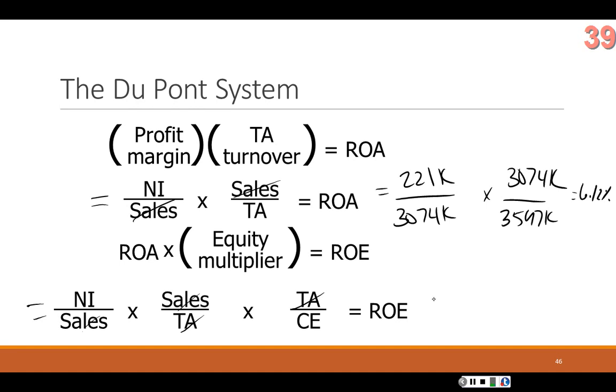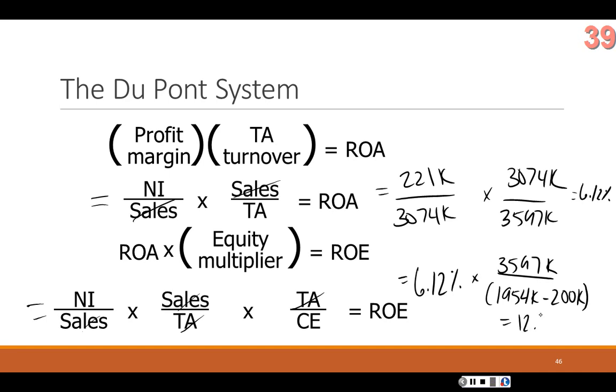So you take your ROA, the 6.12%, times your equity multiplier, 3,597 total assets divided by your common shareholders' equity. Remember, that's the 1,954 minus the preferred shareholders, and that would give you 12.6%.